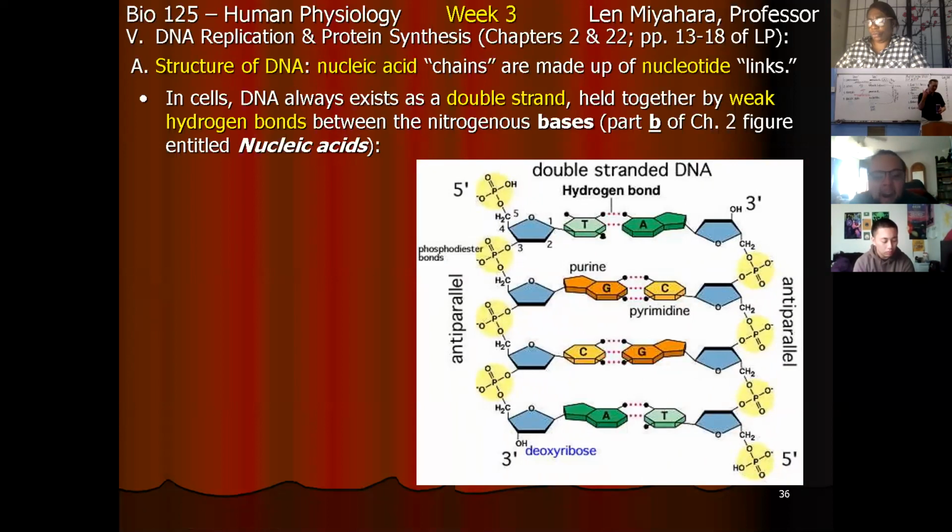It spirals in what we call a double helix. Okay. The strands are held together by hydrogen bonds, which are weak. But there's a whole bunch of them holding the 2 strands together, which is why they pretty much stay together, unless caused to separate by an enzyme.